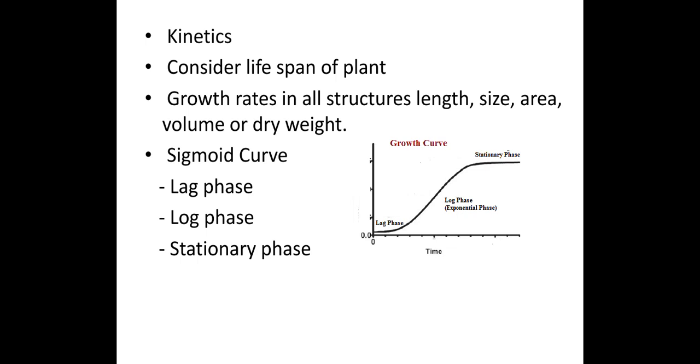B. In the case of an organ, for example a leaf, initially the rate of growth is slow, followed by fast growth increasing leaf size, and after maturation the rate becomes slow and finally it stops.